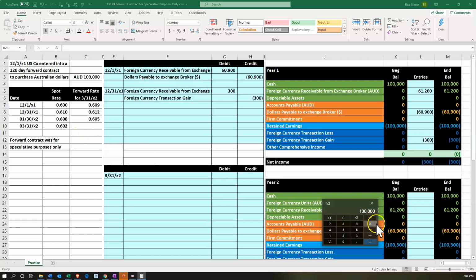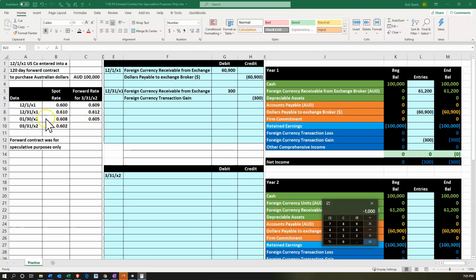So we've got the 100,000 times the spot rate, 0.602, and that's going to be the 60,200. If I take this minus the 61,200, that's going to be a $1,000 difference. That's going to be a loss this time. Why? Because before we were at 0.612.